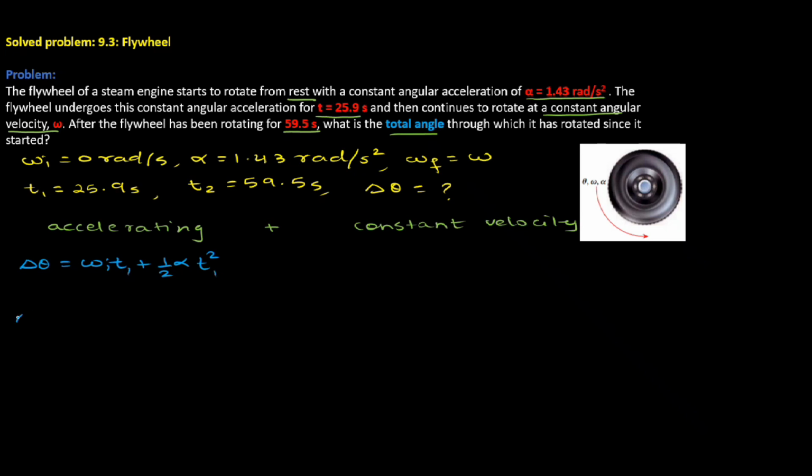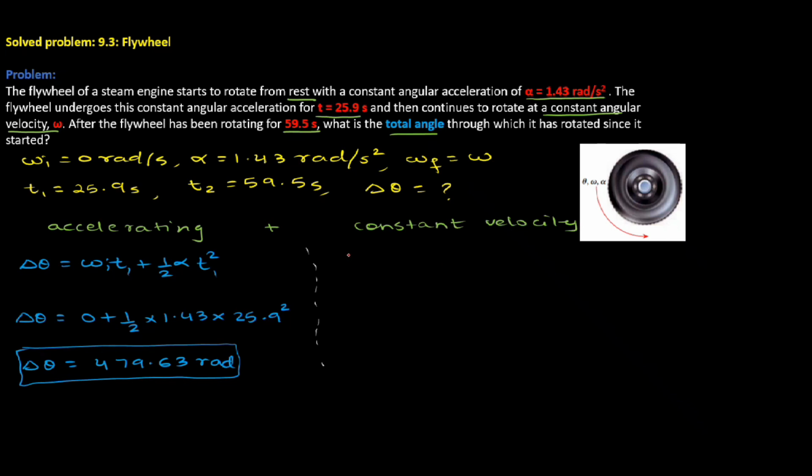Now substitute delta theta equals omega initial is 0 since we are starting at rest. So this whole term multiplied with 0 will become 0 plus half alpha is 1.43 times the time for which we are accelerating is 25.9 seconds squared. That gives me my delta theta to be equal to 479.63 radian.